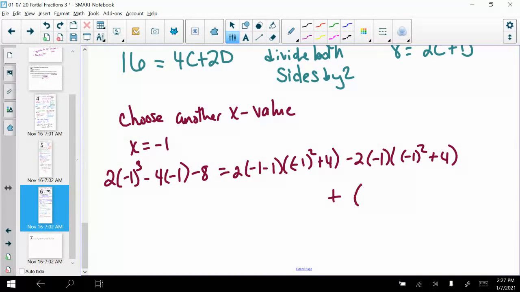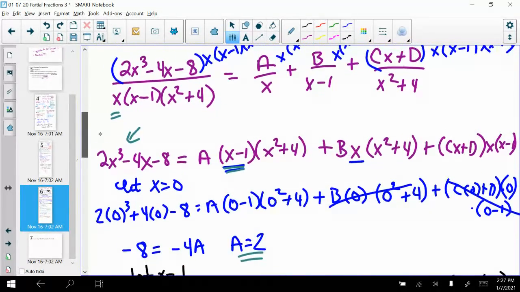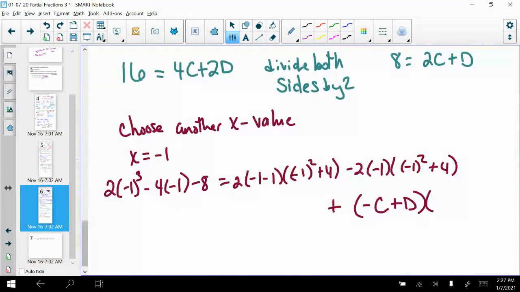Plus, and we have our cx plus d. So minus c plus d. And then that was multiplied by cx plus d. What was cx plus d? X and x minus 1. So negative 1 and negative 1 minus 1. All right, let's simplify.